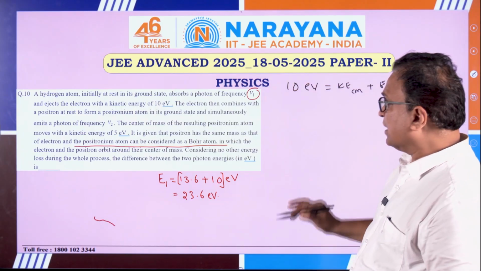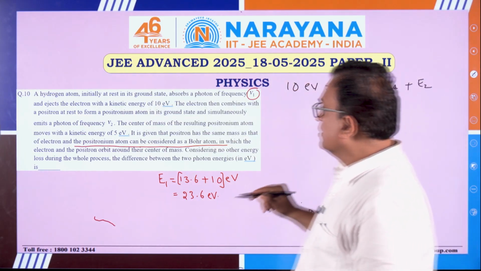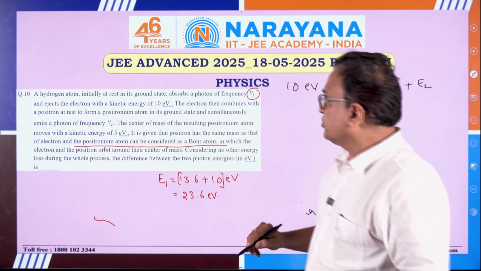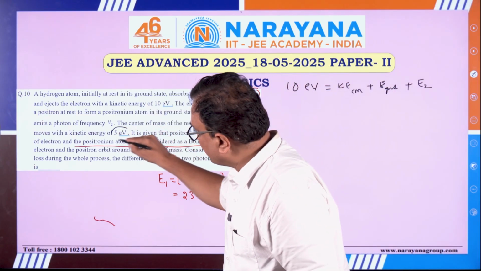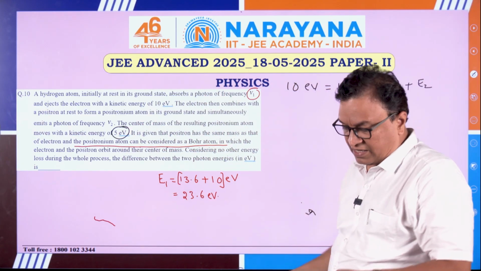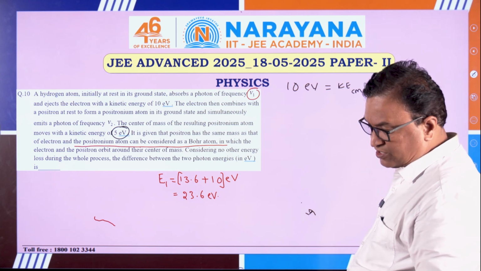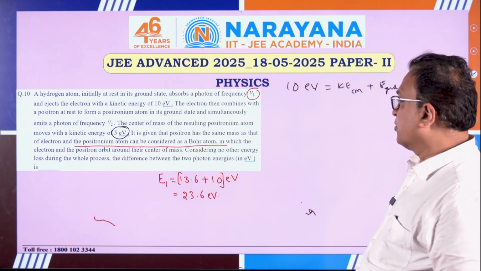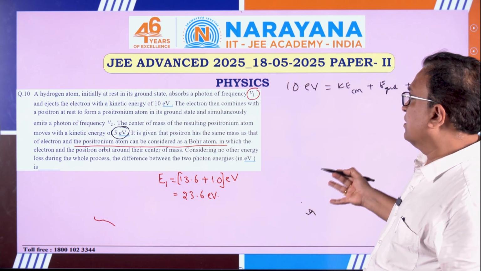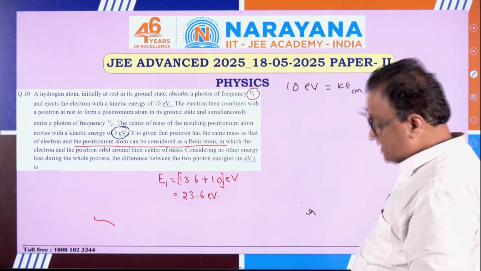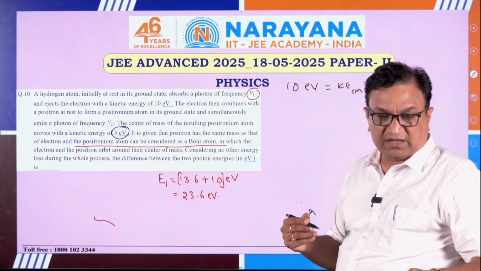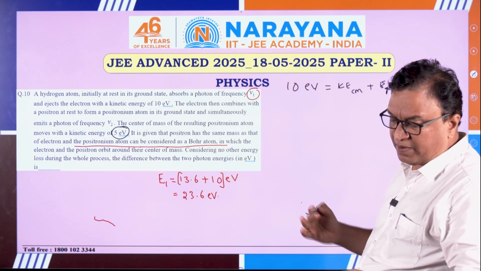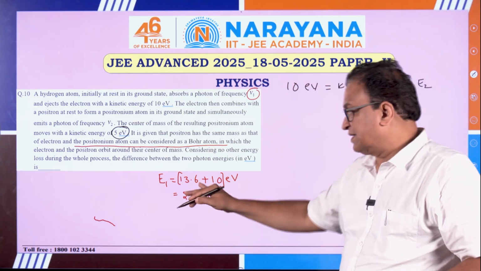Now, data is important for you right now. The center of mass of the resulting positronium atom moves with a kinetic energy of 5 electron volts. That's given to you clearly. Next, one more important point: what about the ground state energy part of that? It will become half of 13.6, as you know.